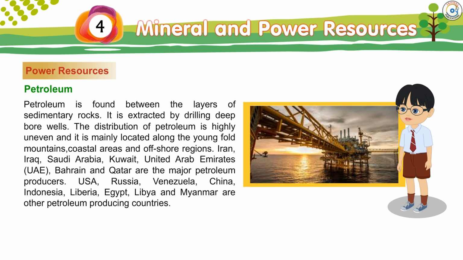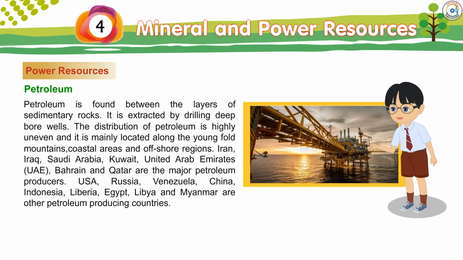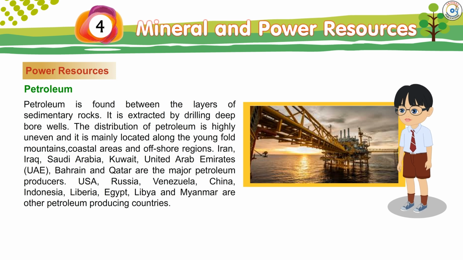Petroleum. Petroleum is found between the layers of sedimentary rocks. It is extracted by drilling deep bore wells. The distribution of petroleum is highly uneven and it is mainly located along the young fold mountains, coastal areas and offshore regions. Iran, Iraq, Saudi Arabia, Kuwait, United Arab Emirates, Bahrain and Qatar are major petroleum producers.